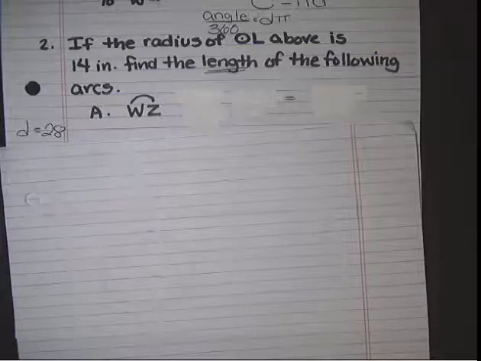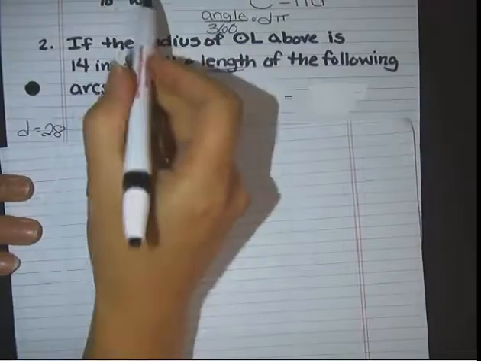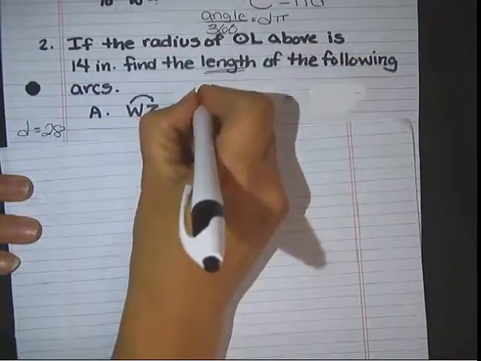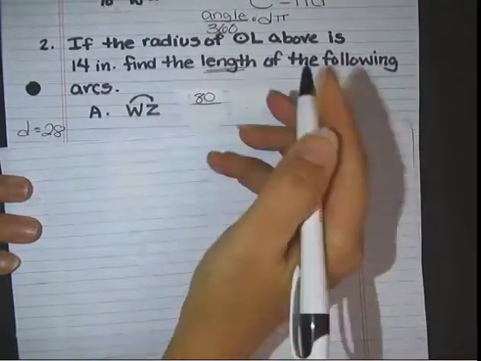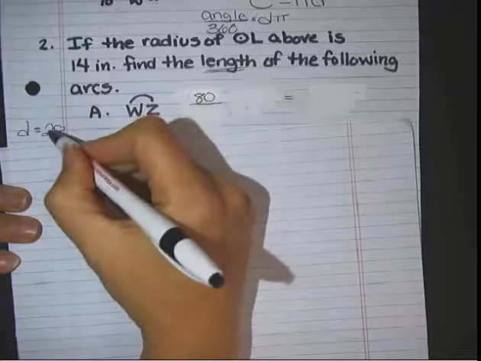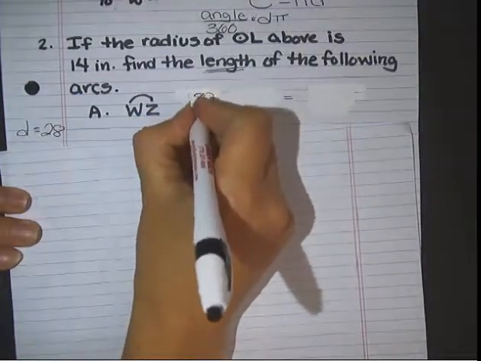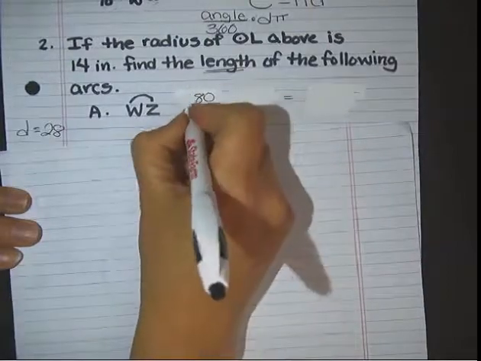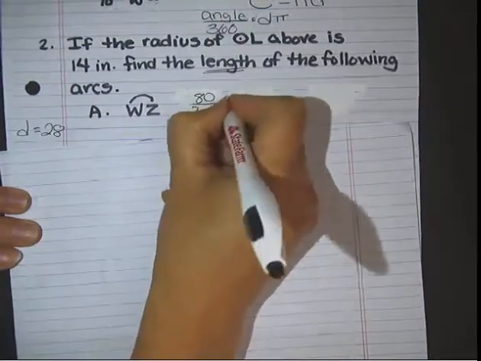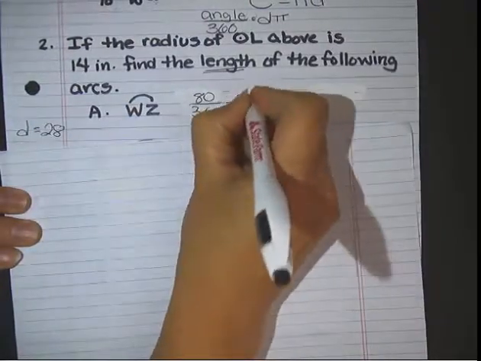The angle is 80 degrees. The radius is 14, which means the diameter is 28. So I'm going to do 80 degrees over 360 times the diameter, 28, times pi.